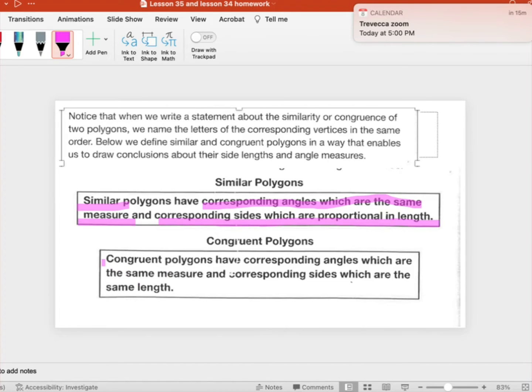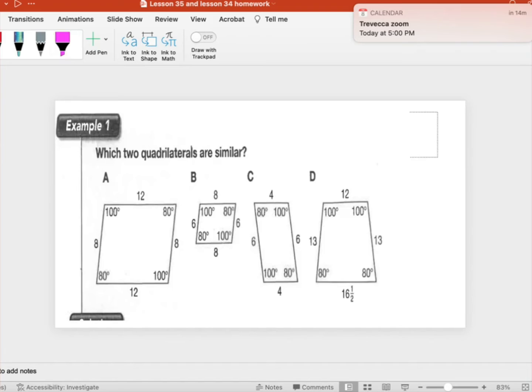Congruent polygons, as opposed to similar, have corresponding angles which are the same measure, the same thing we just read up here, and corresponding sides which are the same length. So congruent polygons are exactly the same size, same angles, and same side lengths.